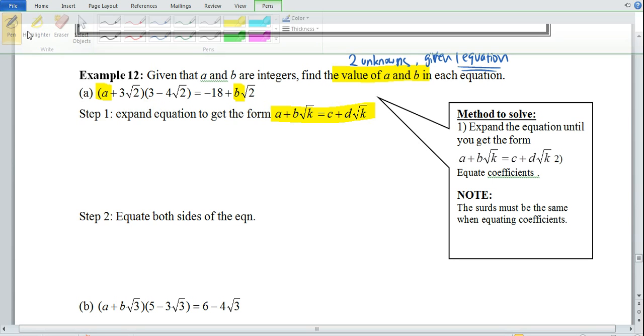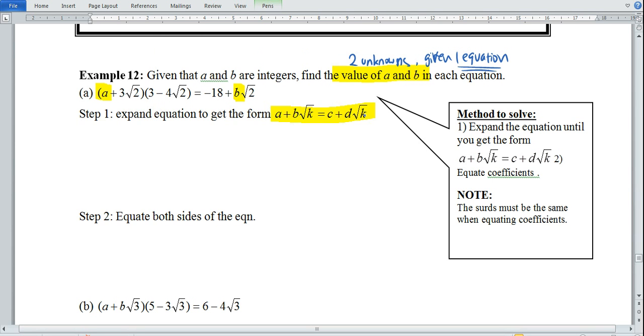So we are first going to expand the brackets using my rainbow method. 3a minus 4a square root of 2, plus 9 square root 2, minus 12 square root 2 times square root 2. There are two square root 2's. The other side is the same.